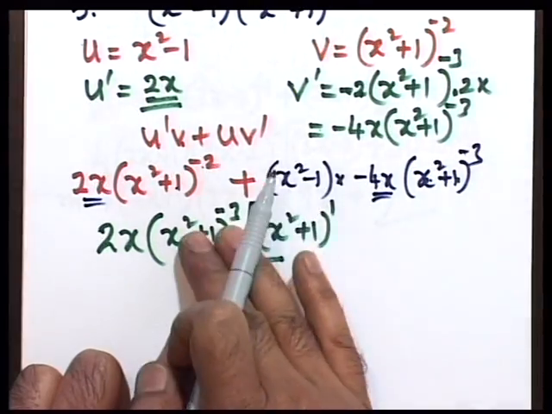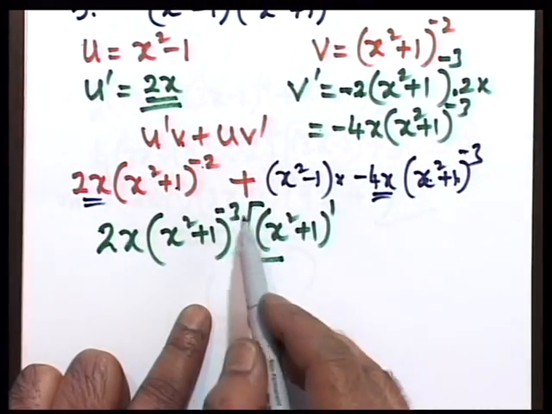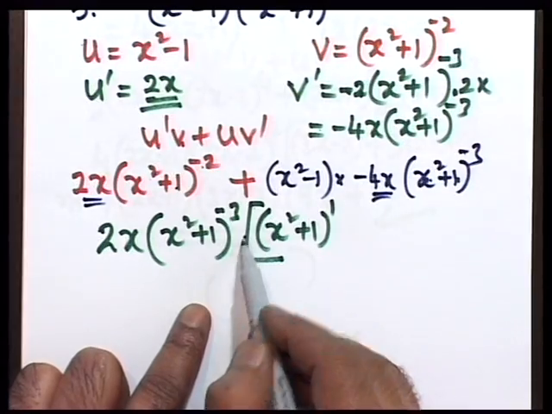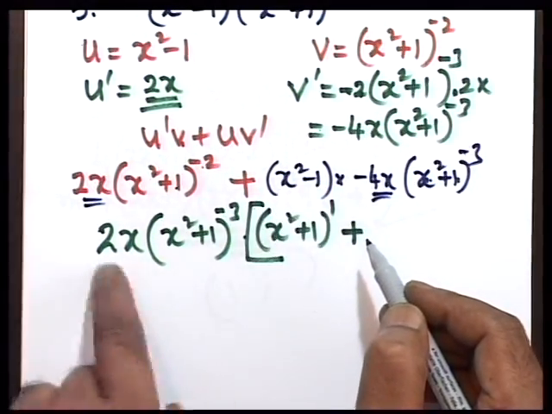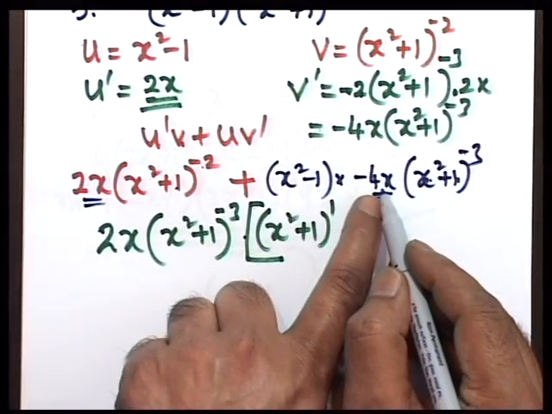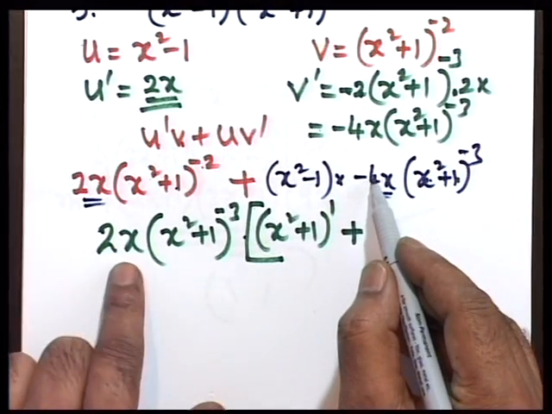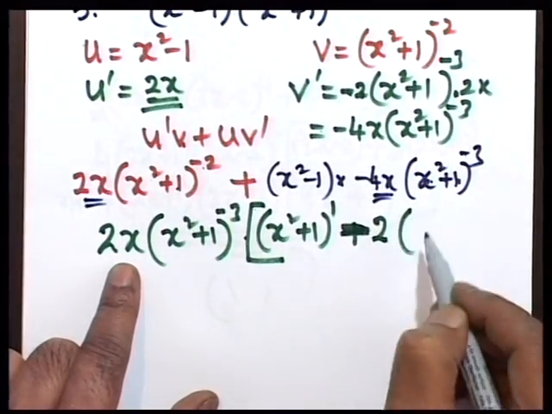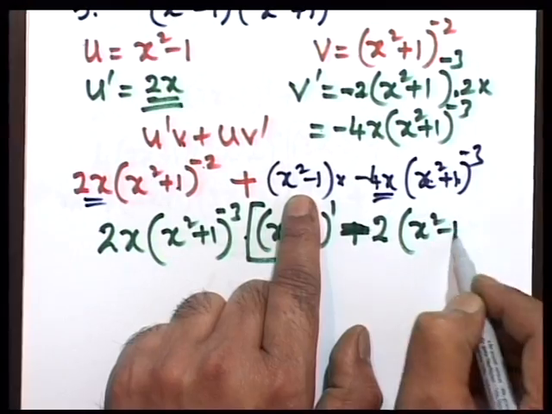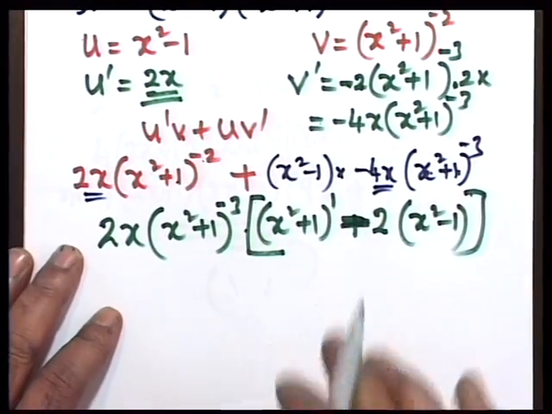Bases are same, so you write the same base and add exponents because it's times. Plus (x squared minus 1) is not common, so that comes back. Number wise, 2x is gone, so I'm left with a minus 2. So that's a minus and then a 2. I'm left with x squared minus 1. People, that's how you do it.